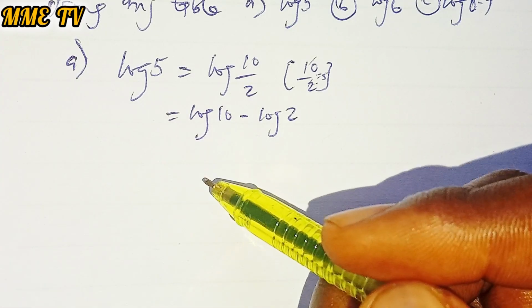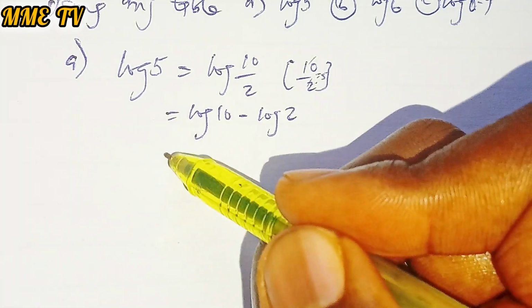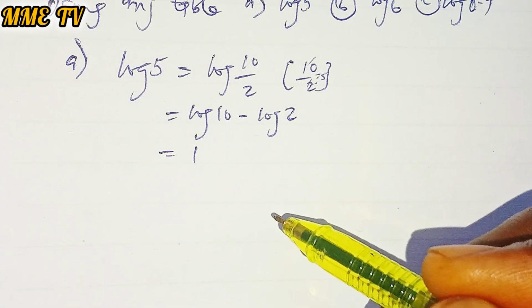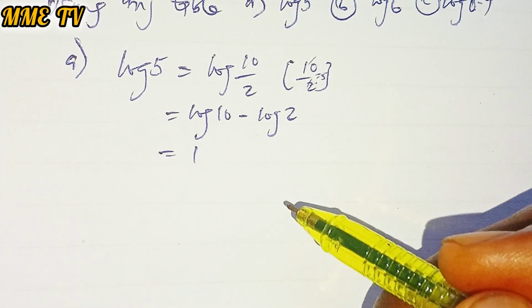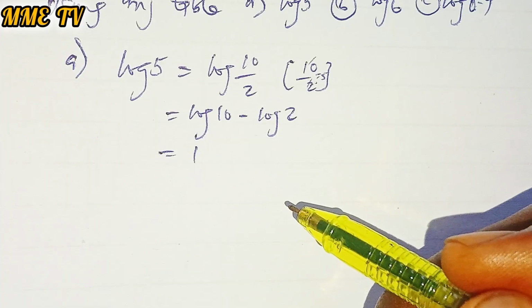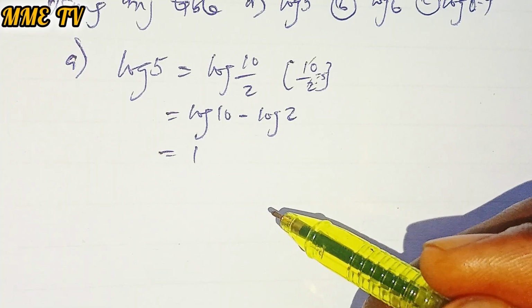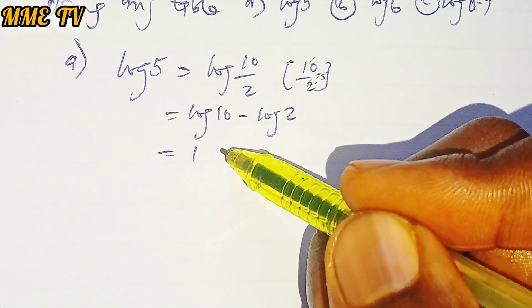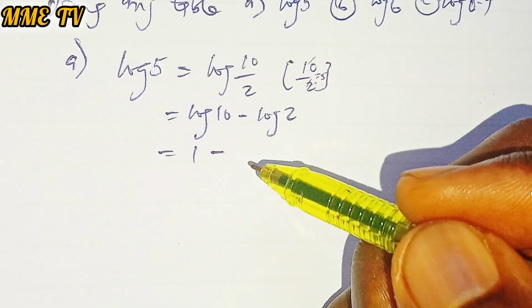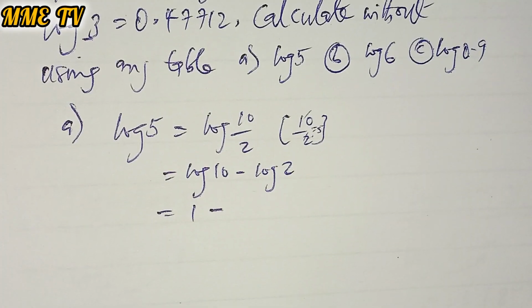Now, log 10, you don't need a table to be told that log 10 is equal to 1. But for the doubting Thomases, you can actually use your calculator to press what log 10 is, which is going to be 1. So 1 is subtracting the value which is given above.